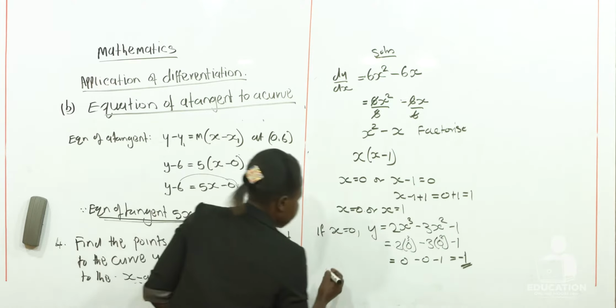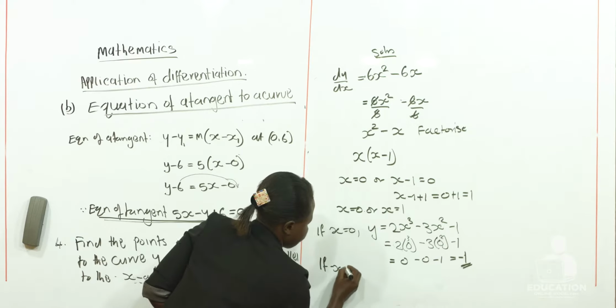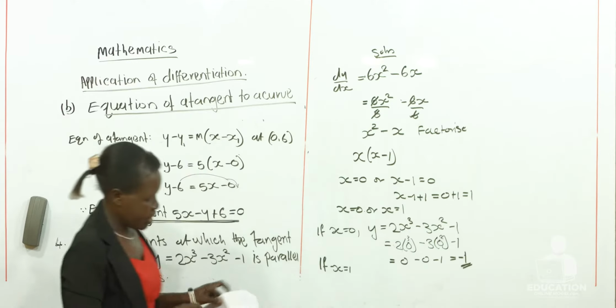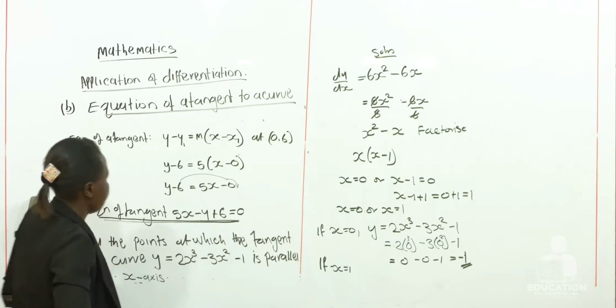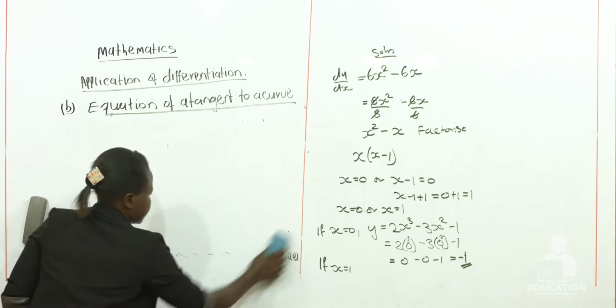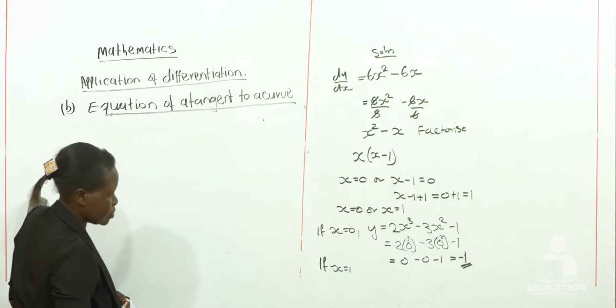And then now we say, what about if x equals 1? So if x equals 1, what will happen to your y? So we also substitute the value in the function y to get the value of y.